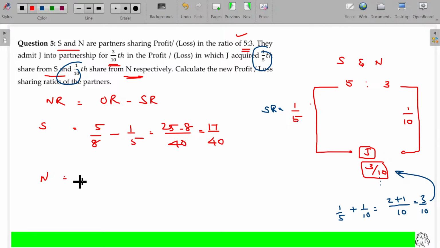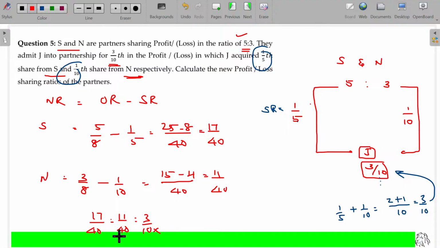Similarly, in case of N, 3/8 minus 1/10 is subtracted. So 40, 15 minus 4 is equal to 11/40. So 17/40, 11/40, 3/10.